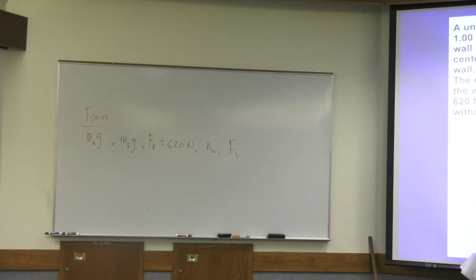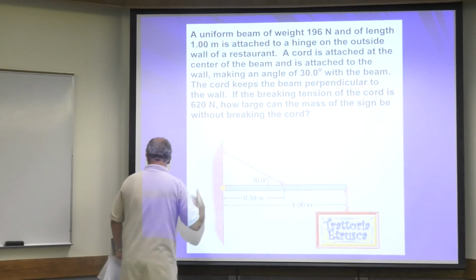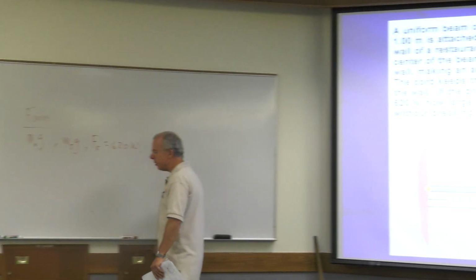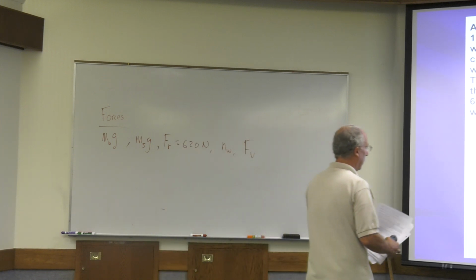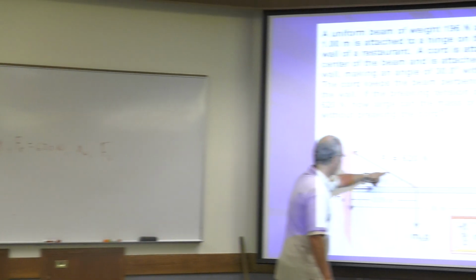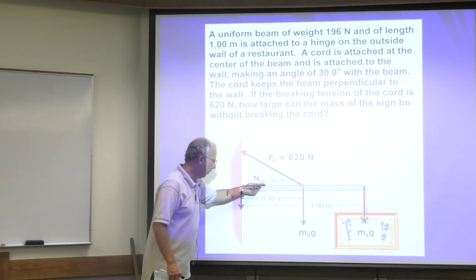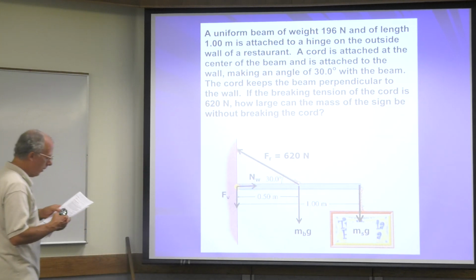Here's the weight of the sign. Here's the tension of the rope. Here's the normal force. There's some vertical thing. So you got to draw the force diagram, but you got to draw it carefully. So there's the force diagram: weight of the beam, weight of the sign, the 620 newtons for the rope, normal from the wall, and this other thing that we're going to get rid of. All right? Okay, there you go.